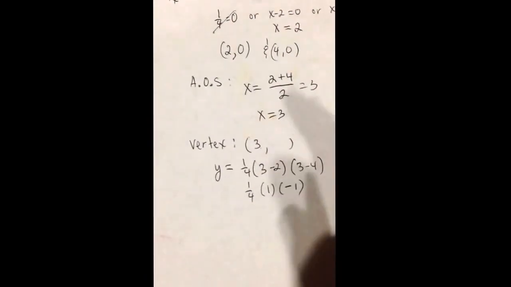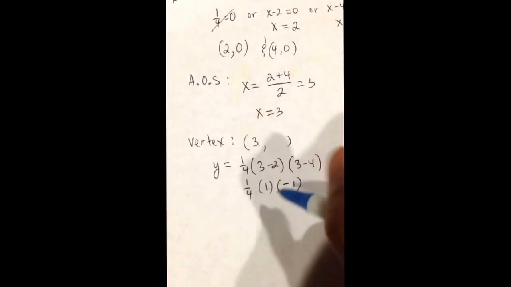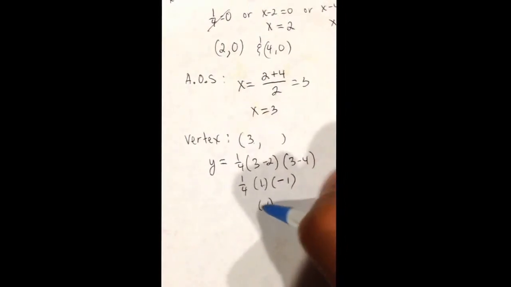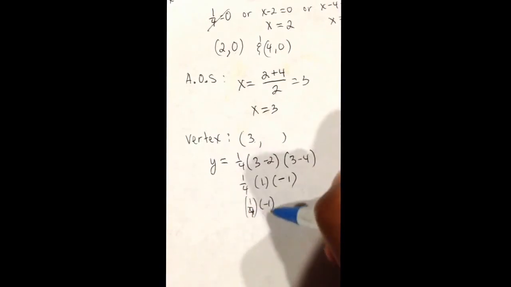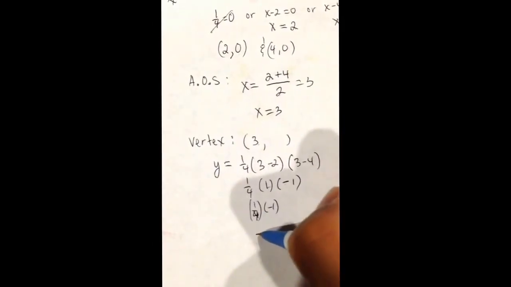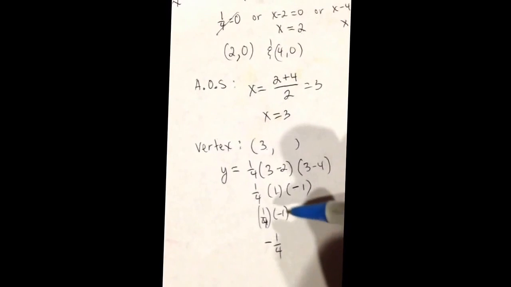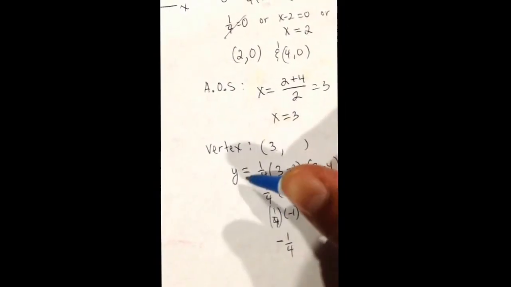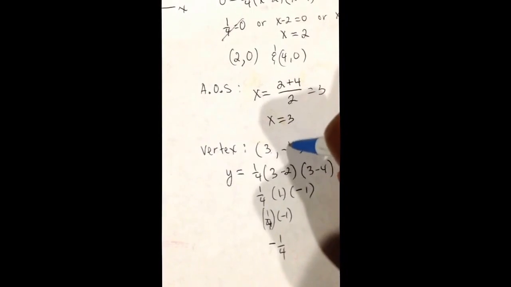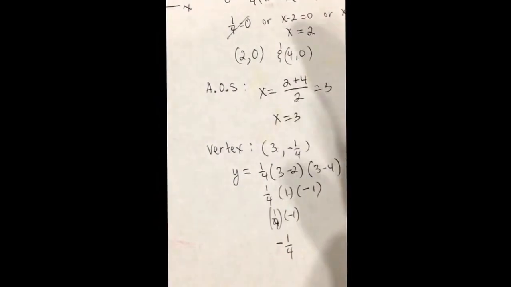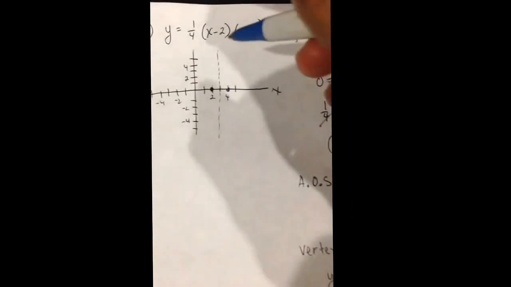Since multiplication is commutative, I can multiply these two first, which gives you -1. And then -1 times 1/4 is -1/4. So now that's your y-coordinate, and since you have 3 already, your vertex must be 3, -1/4.